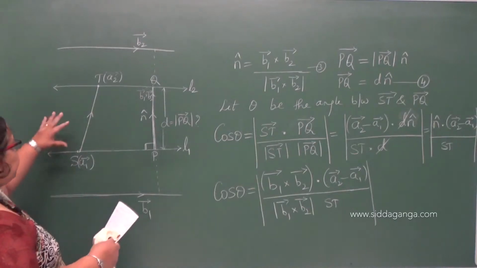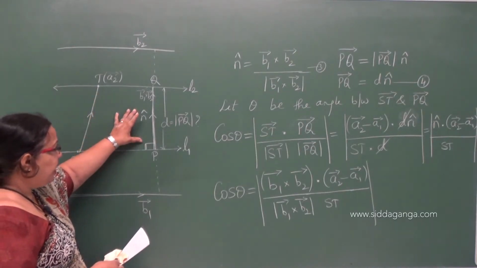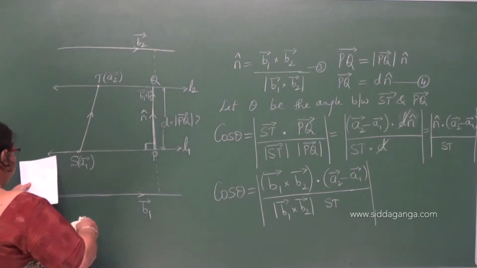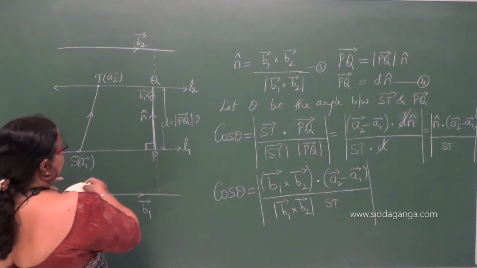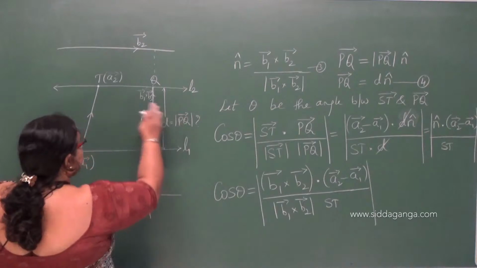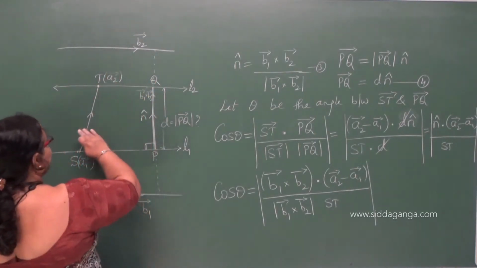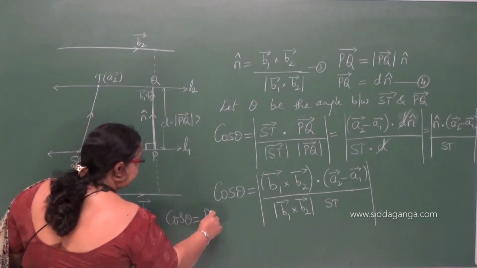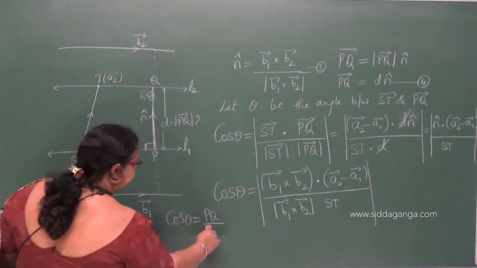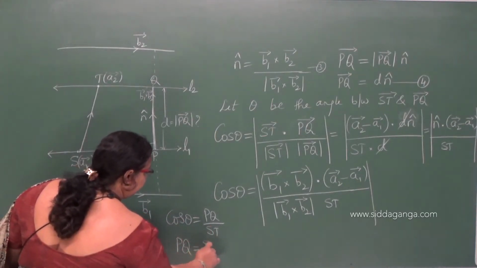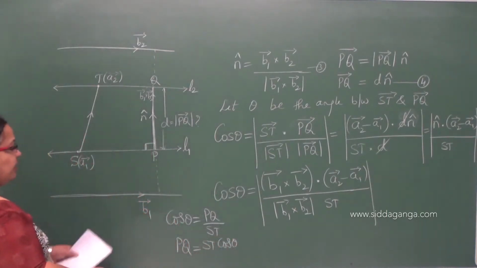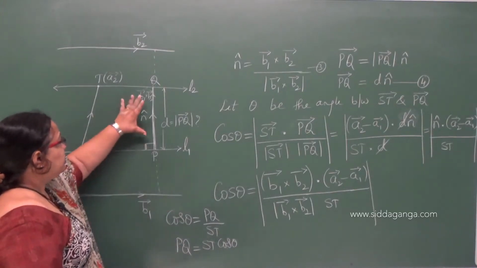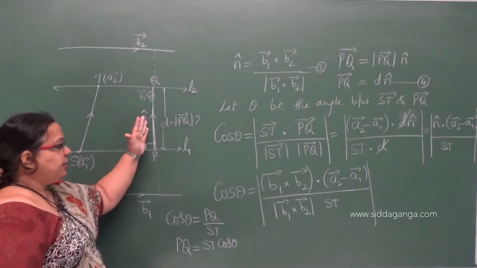So the projection of ST on PQ is given by PQ into cos theta. ಸೊ ಕಾಸ್ ಥೀಟಾ ಅಂದ್ರೆ ಅಡ್ಜಸೆಂಟ್ ಸೈಡ್ ಈಸ್ ಪಿ ಕ್ಯೂ, the hypotenuse side is ST. ಸೊ ದೇರ್ ಫೋರ್ ಪಿ ಕ್ಯೂ ಈಕ್ವಲ್ ಟು ಎಸ್ ಟಿ ಇಂಟು ಕಾಸ್ ಥೀಟಾ, which means that the projection of ST on the line PQ is given by PQ equal to ST into cos theta.